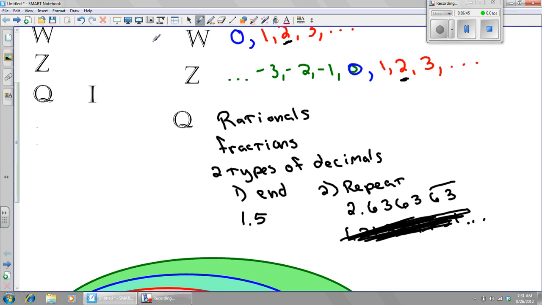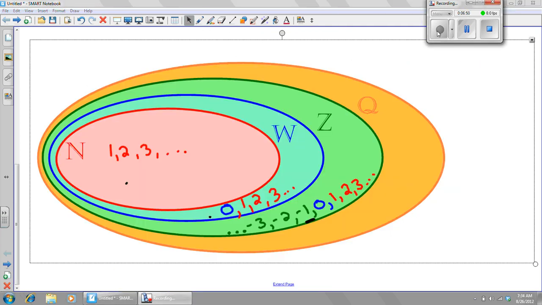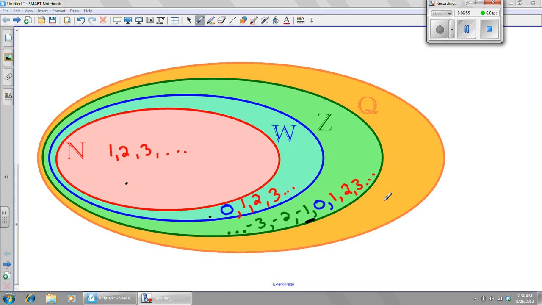All right, so let me see here. I think my notes might be a little bit too low. Okay, so our Venn diagram is starting to look like this, and the rationals include all those other numbers, but also all fractions and two very special types of decimals.